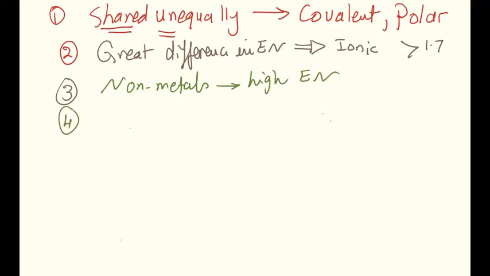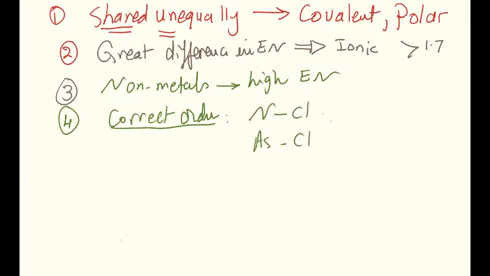Fourth: this question is asking what is the correct order, and it gave you some atoms bonded, like N with Cl, As with Cl, P and Cl. It is asking about the type and the correct order.